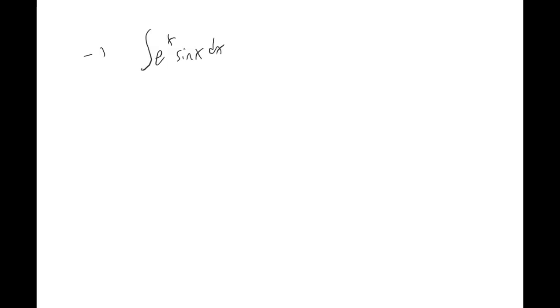And no matter what I choose, if I integrate or derive sine, what do I get? Do you agree? I either get like cosine or negative cosine, depending on if I derive or integrate sine. Does everyone agree?